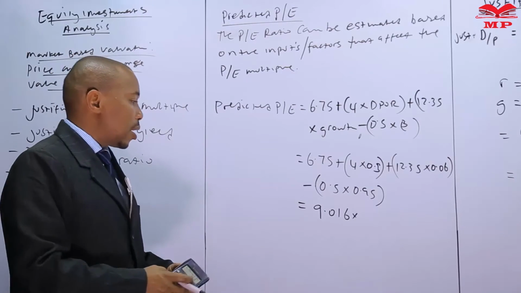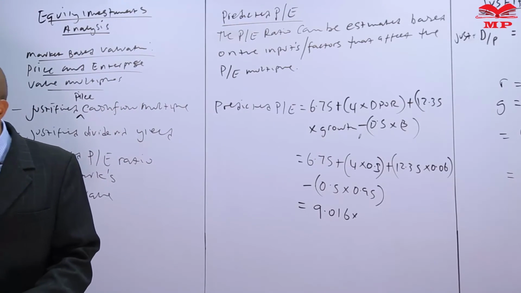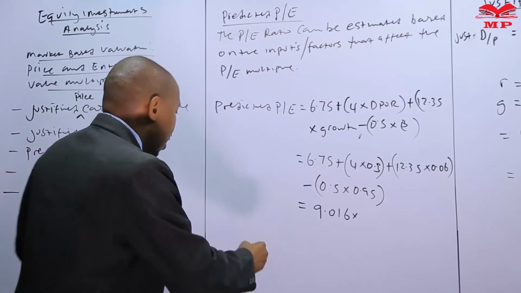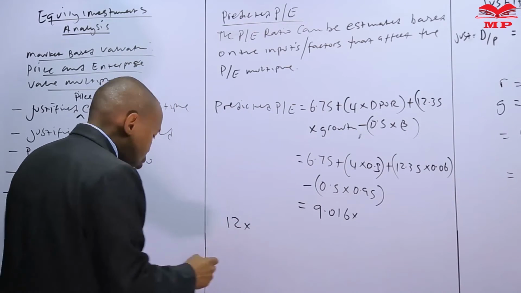I think that looks much more realistic. So let's see whether it is undervalued or overpriced. We are comparing the 12 times which we've been given there.